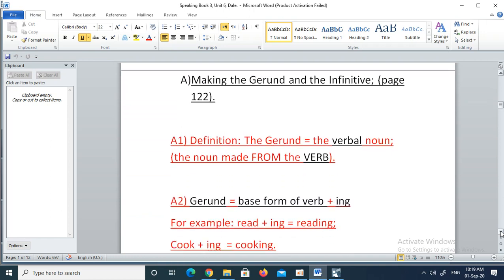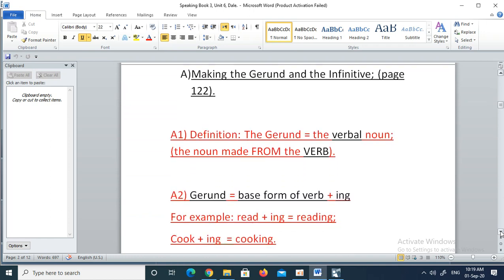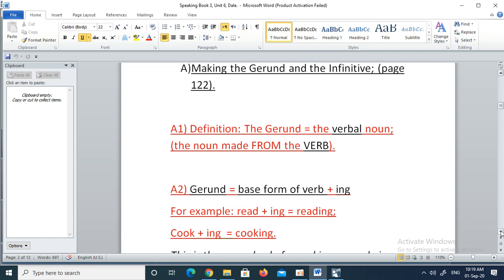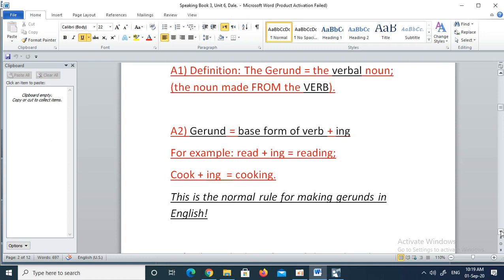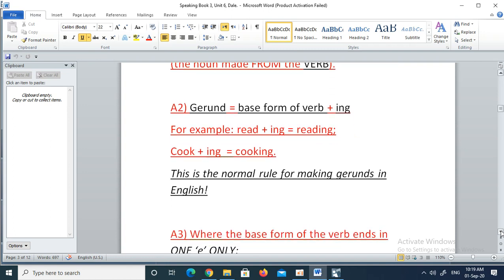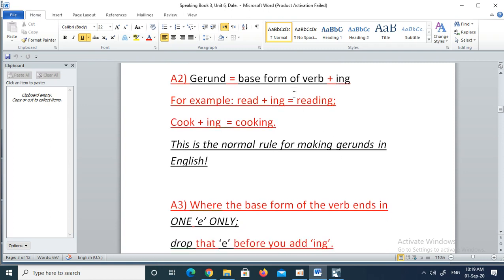Let us start with a few definitions. The gerund is the verbal noun. It is the noun that we make from the verb. The way we make the gerund is we take the base form of the verb and then we add the suffix ing, the suffix ing. So for example, if my verb is to read, the base form is read.